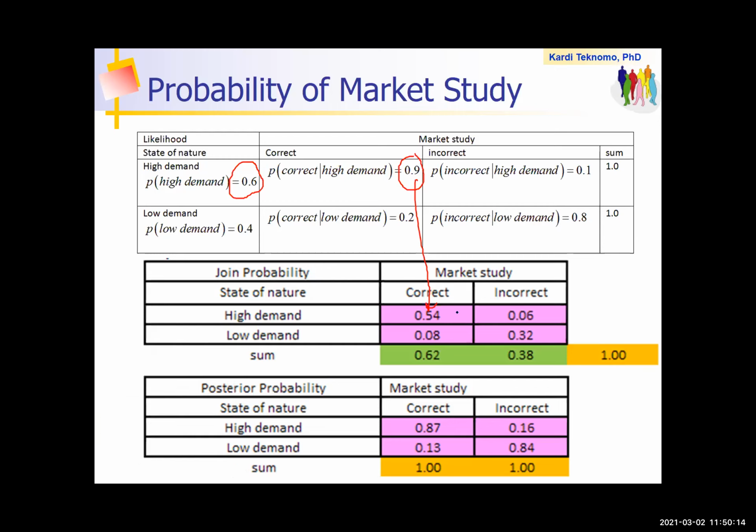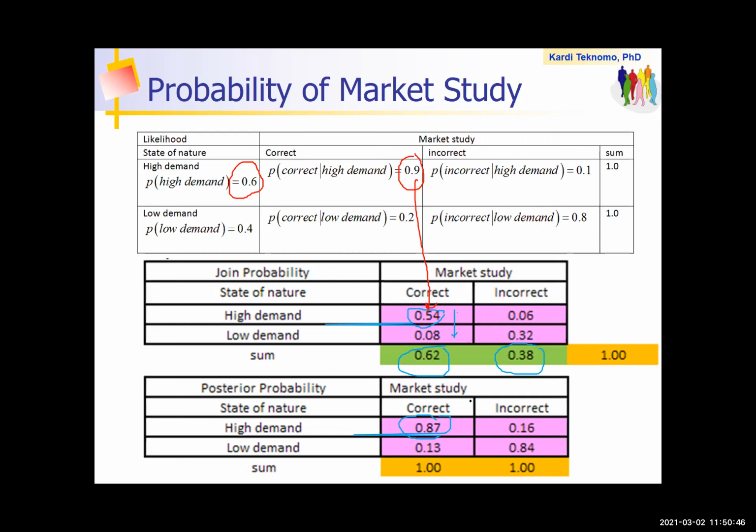So you divide, first you sum this. For each column, you sum. So 0.54 plus 0.08 is 0.62, right? So you sum this in each column, and then now you divide. You divide 0.54 by 0.62. Then you get 0.87.